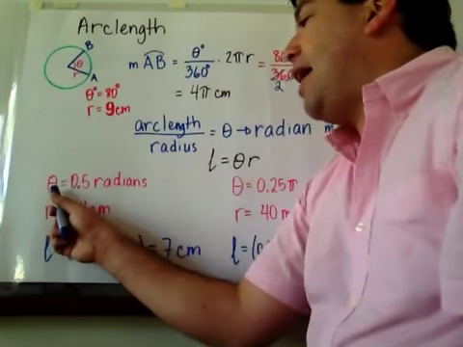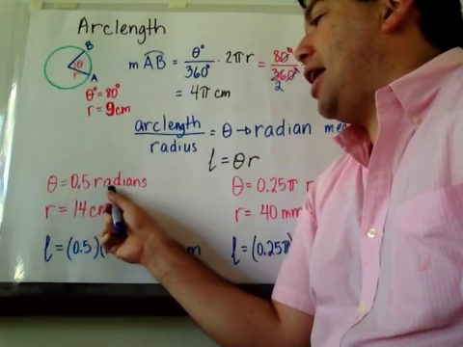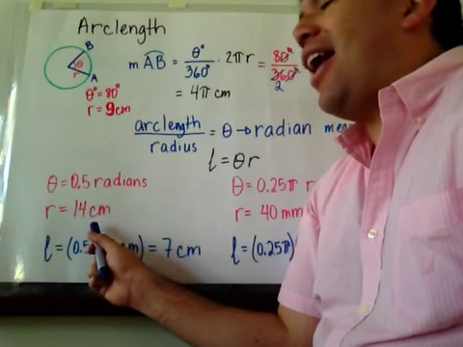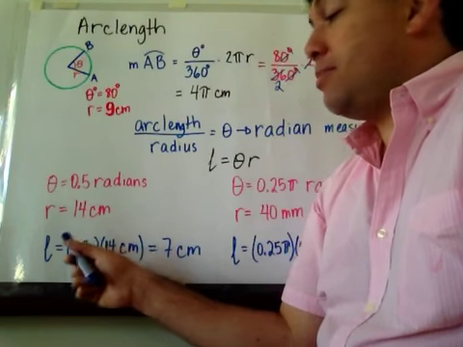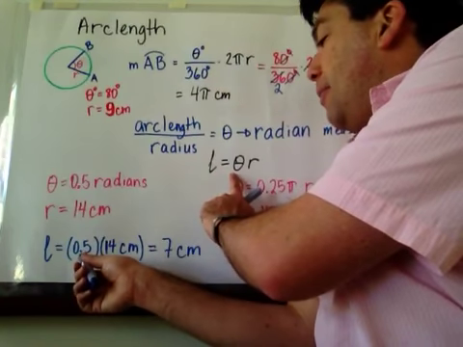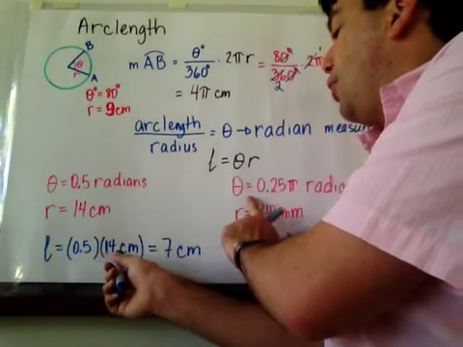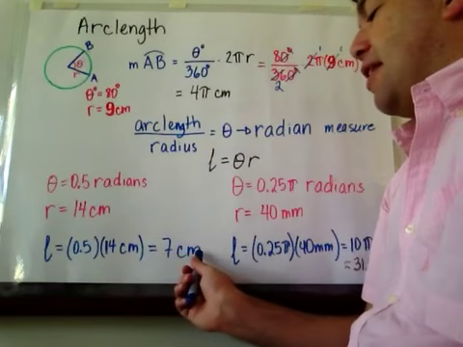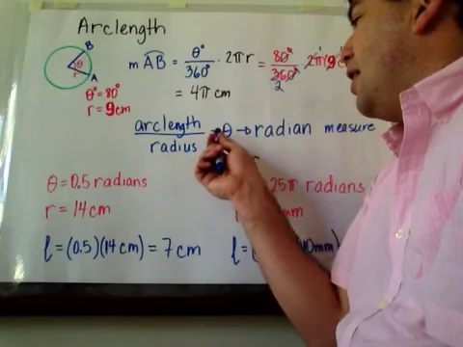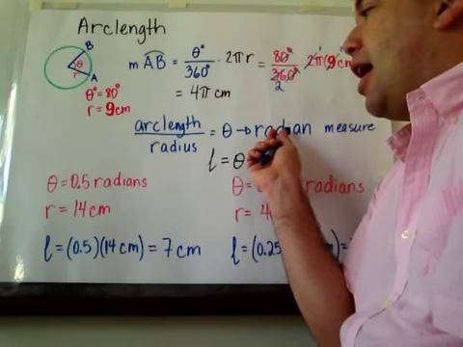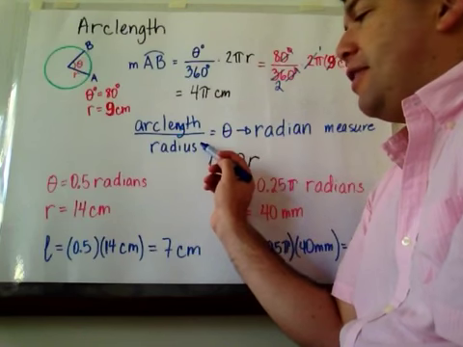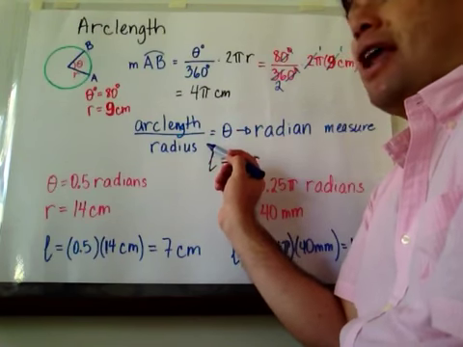So in particular, if we have an angle that measures half a radian and the radius is 14, the arc length is very easy to get. We just multiply: arc length is angle, 0.5 radians, times 14 centimeters, and that's 7 centimeters. Notice that I don't put radians here because radians is just a ratio. Arc length is units of length, radius is units of length, so it's just a ratio.